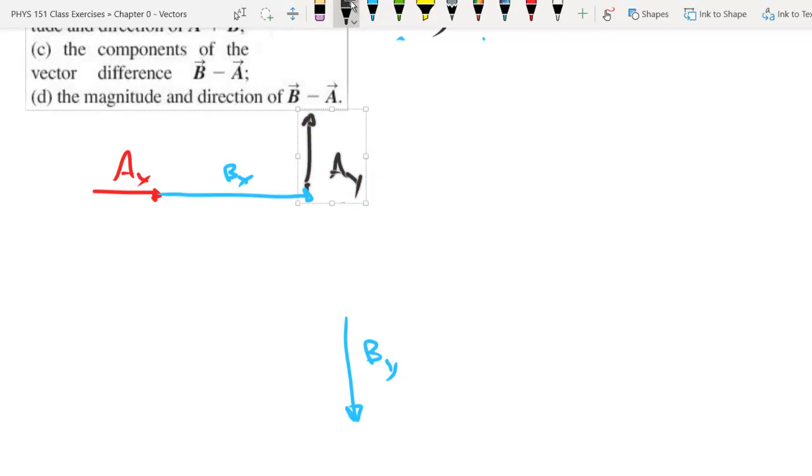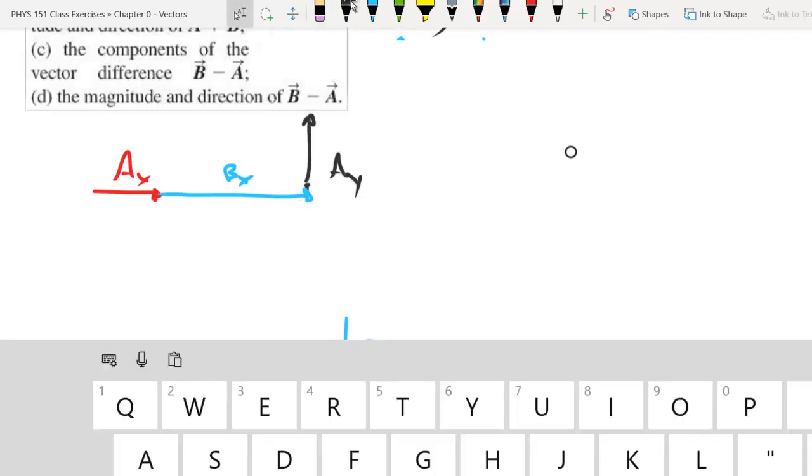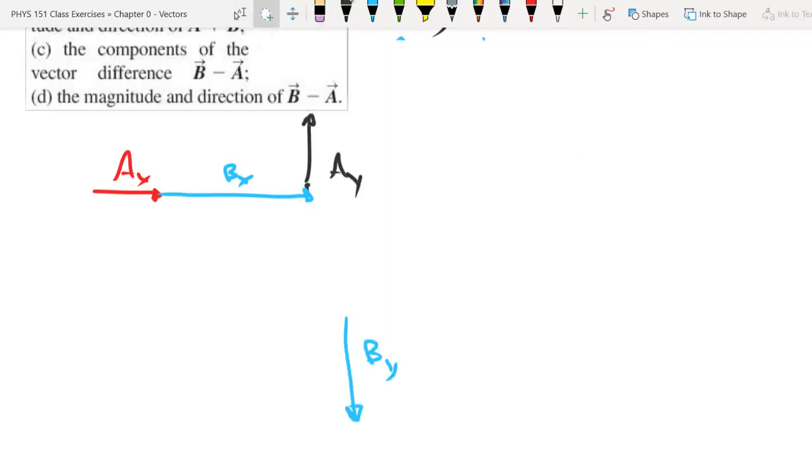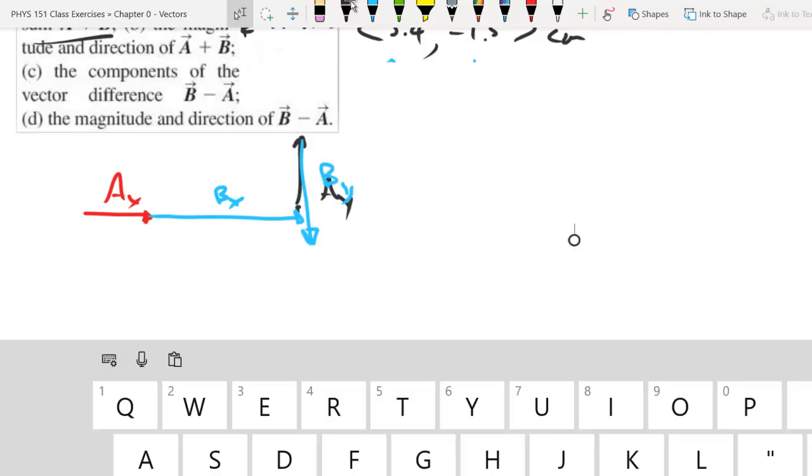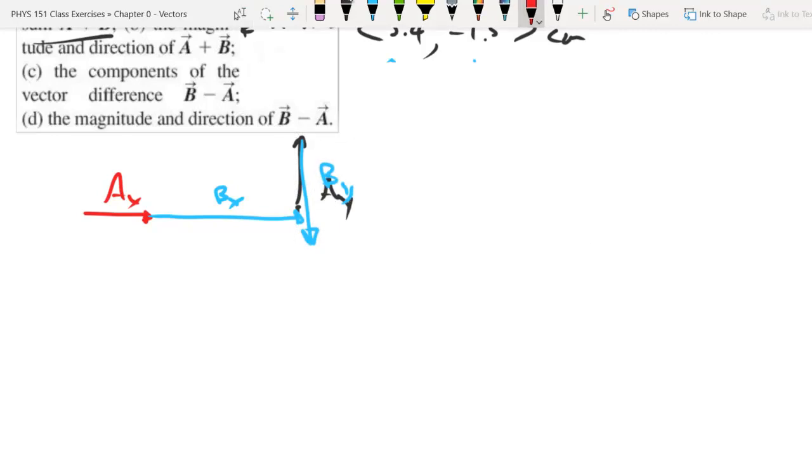And then if I move BY, I'm going to place the tail of BY at the head of AY, and it kind of undoes a lot of AY, but that's okay. And then I end up here slightly negative, right? This is another color.